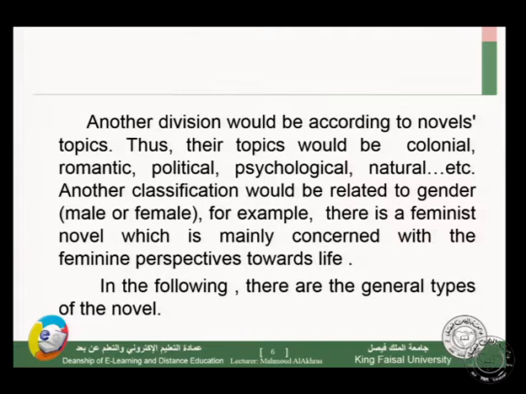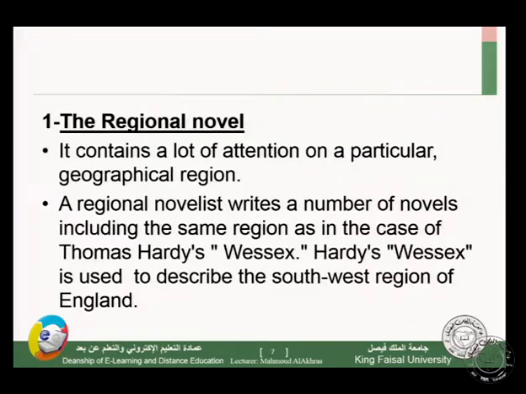Let's start with the general or the most important types of the novel. The first one we are going to talk about is the regional novel. The regional novel focuses a lot of attention on a particular geographical region. A regional novelist writes a number of novels including the same region, so we have the same place in all his novels, as in the case of Thomas Hardy's Wessex.